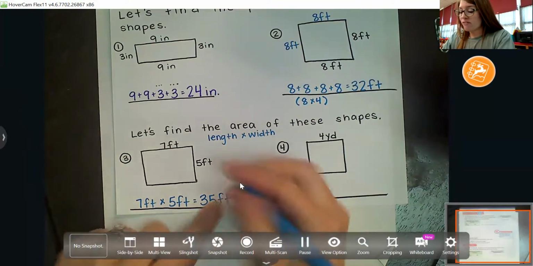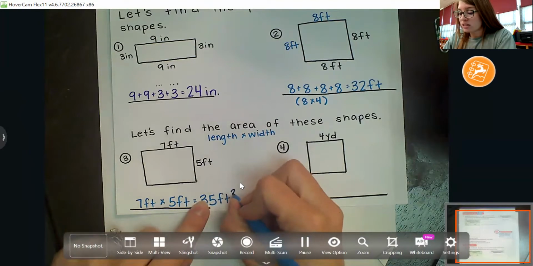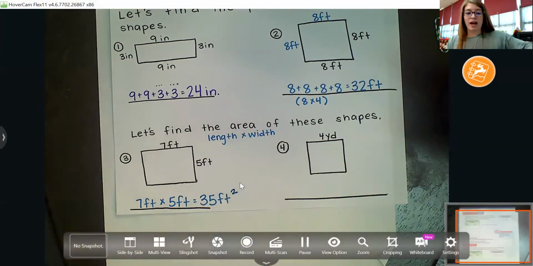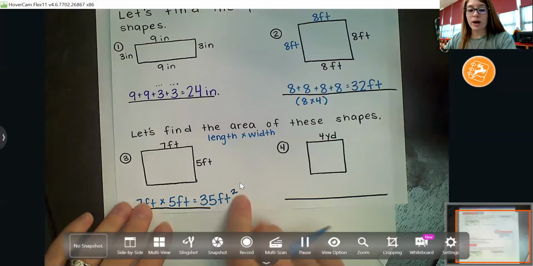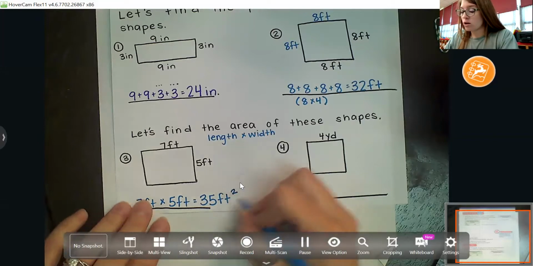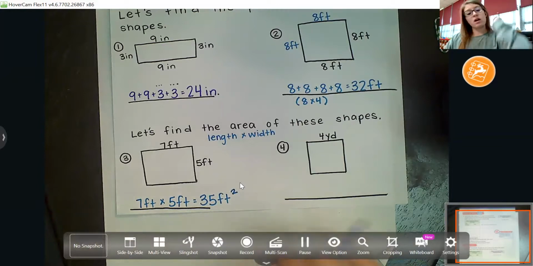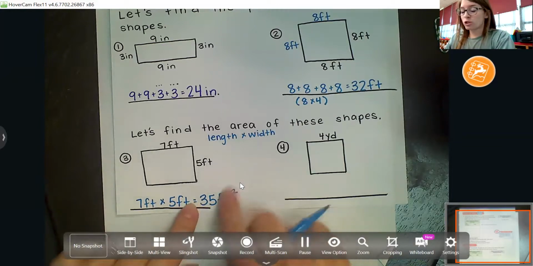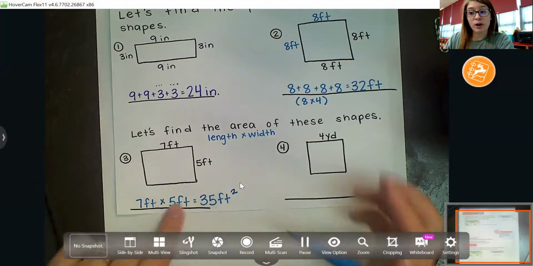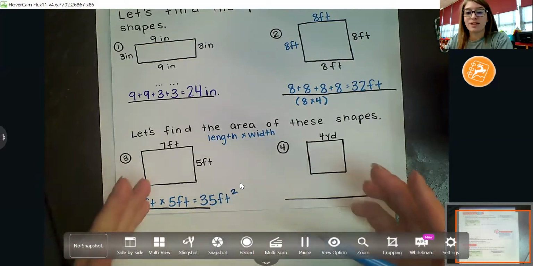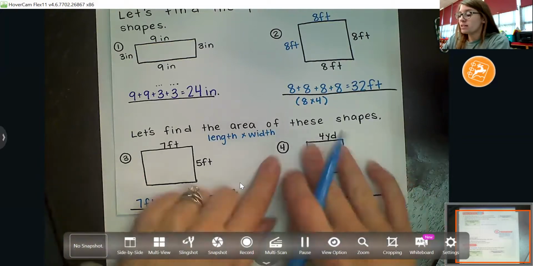So 35 feet, and I'm going to put this little 2 right above it like that. 35 feet squared, or you can also say what else you could say as well. All right, so when we see that little squared, that just lets us know we are referring to the area of a shape.